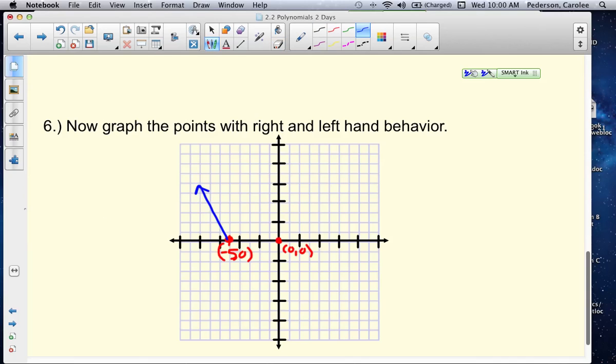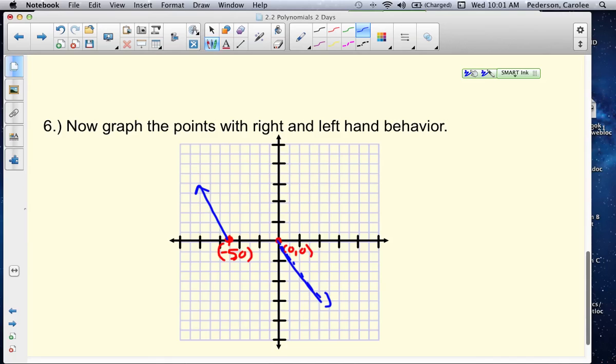Then, to the right of 0, what happens? It falls. And remember, this is a repeated 0, so can it cross the x-axis? Does not cross the x-axis. The test showed that. So this is my falling.